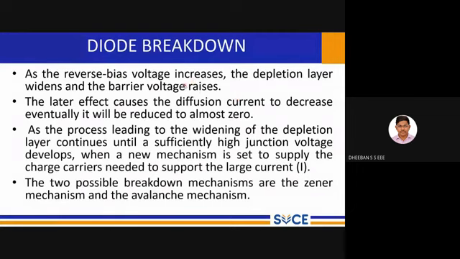So what is diode breakdown? As the reverse bias voltage increases, the depletion layer widens and the barrier voltage rises. This you already know. This effect causes diffusion current to decrease.